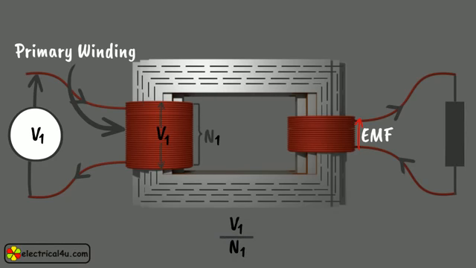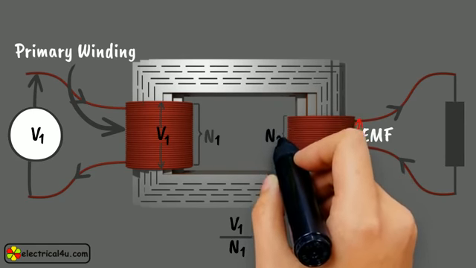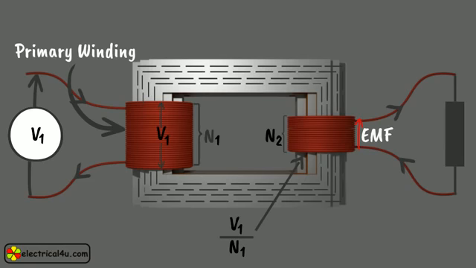So far, we have understood that exactly this V1 by N1 voltage will appear across each turn of second winding. So if this second winding has N2 number of turns, then total voltage across the second winding is N2 into V1 by N1, and let us say this is V2.